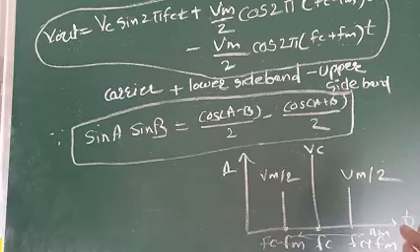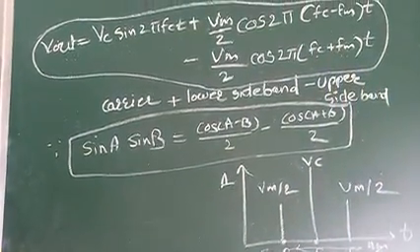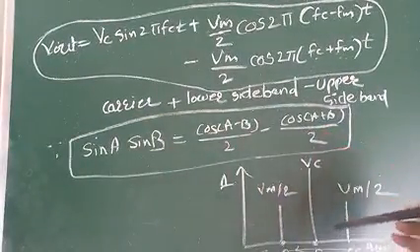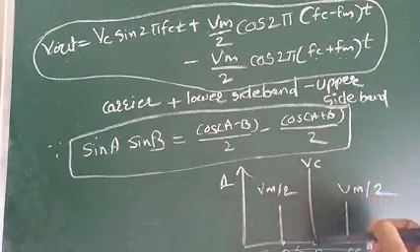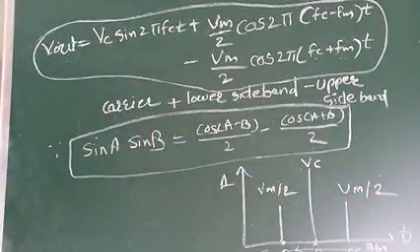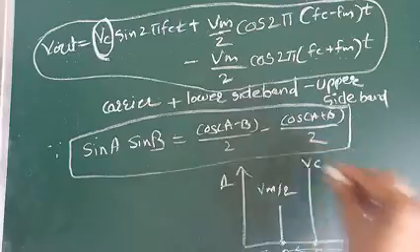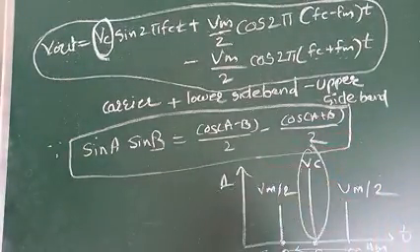According to our equation, there are three frequency bands, or three amplitudes. First is Vc, the amplitude of the carrier, which can be shown here. This is the first band.